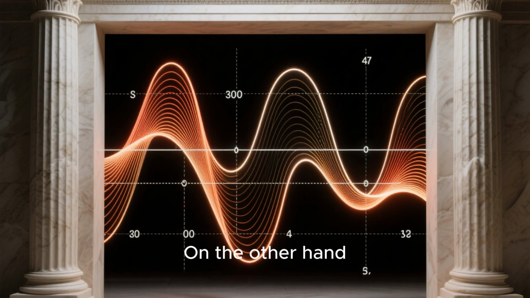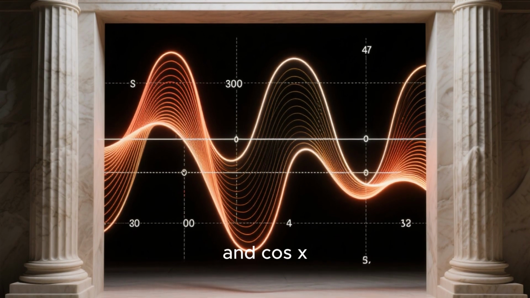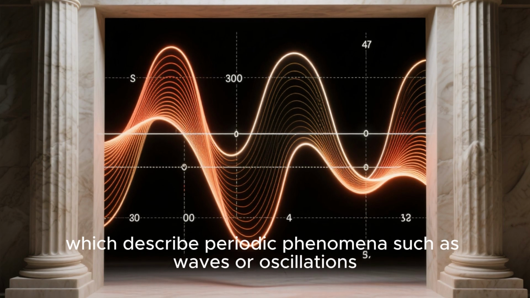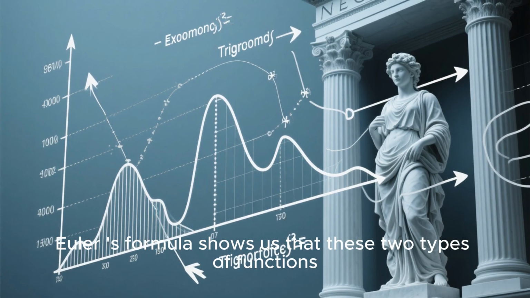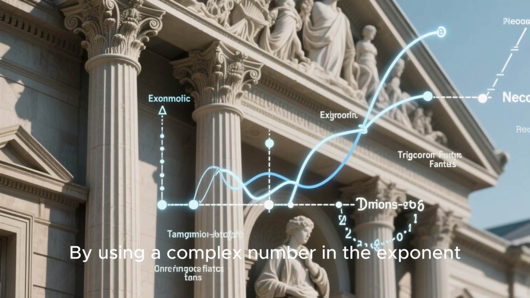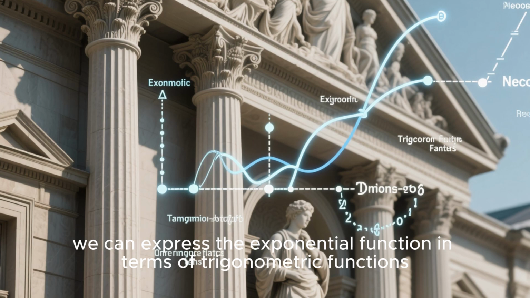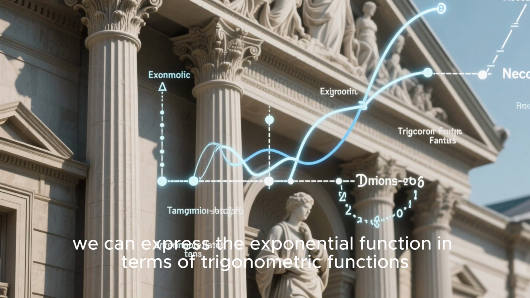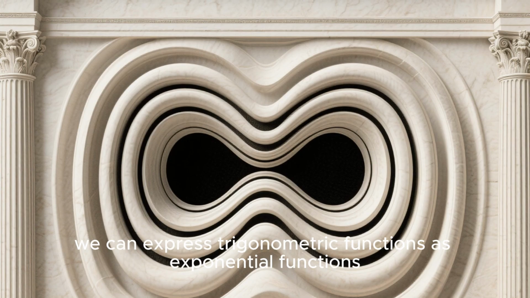On the other hand, we have trigonometric functions like sine x and cosine x, which describe periodic phenomena such as waves or oscillations. Euler's formula shows us that these 2 types of functions are actually more closely related than we might think. By using a complex number in the exponent, we can express the exponential function in terms of trigonometric functions. And vice versa, we can express trigonometric functions as exponential functions.